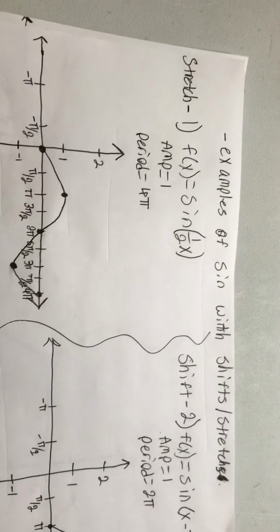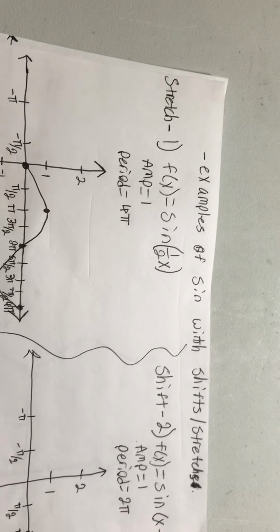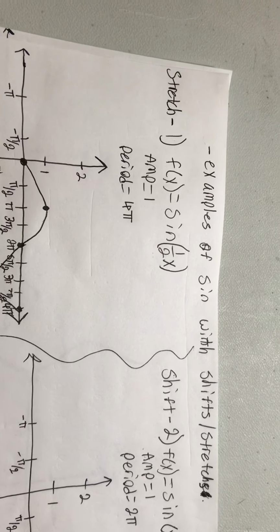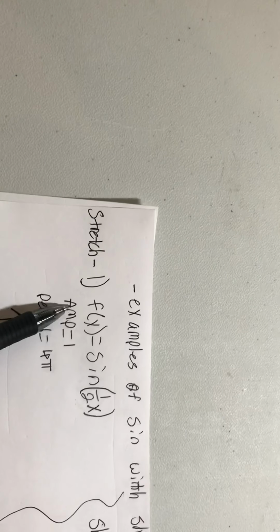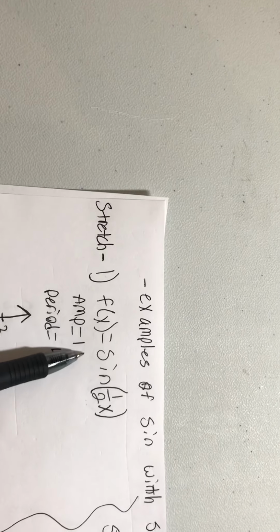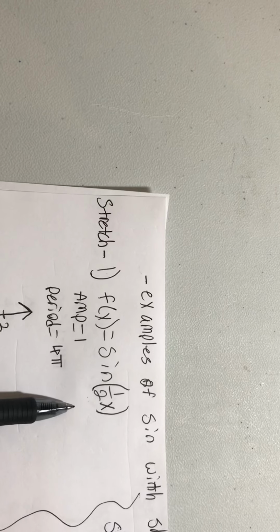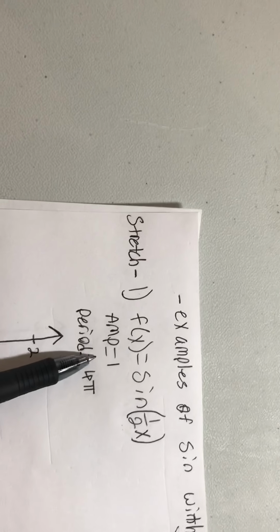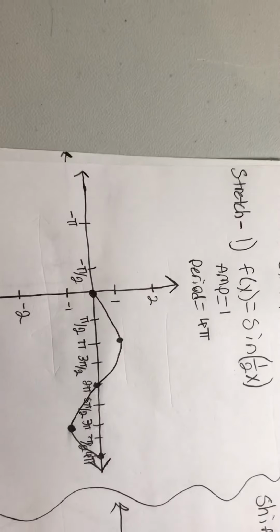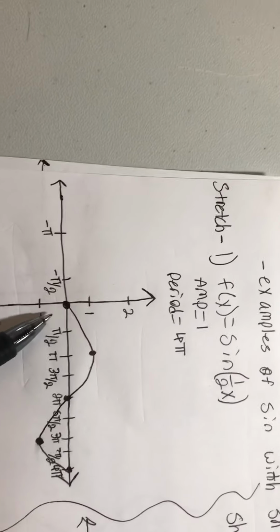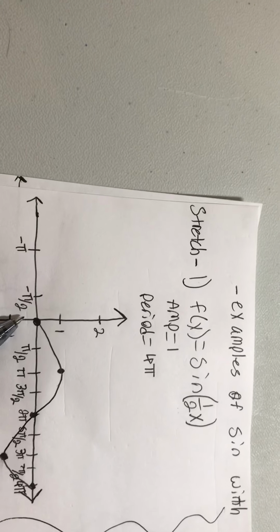Next, we're going to be doing examples of sine with shifts and stretches. For this one, we have a stretch, and the equation is f of x equals sine 1/2 x. The amplitude is going to be 1, and the period is going to be 4 pi. We are still starting at 0, 0.